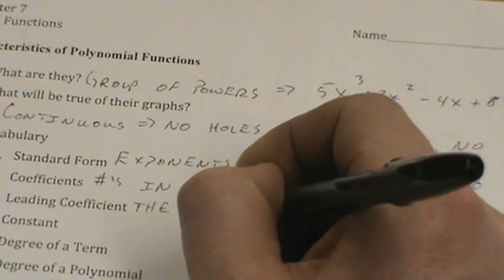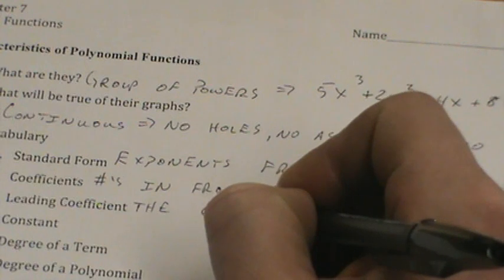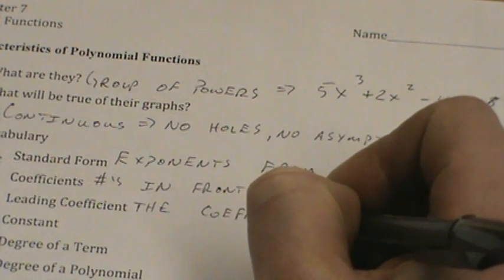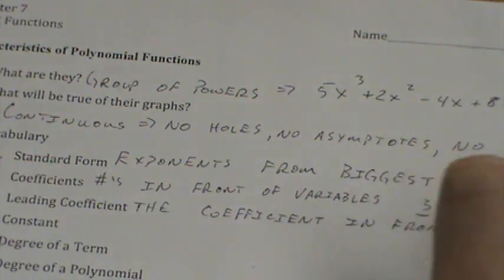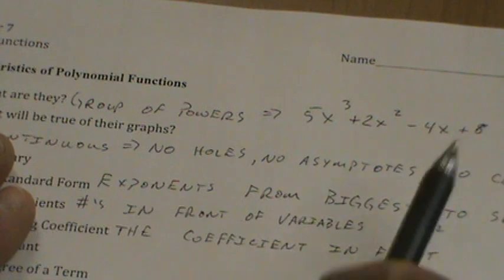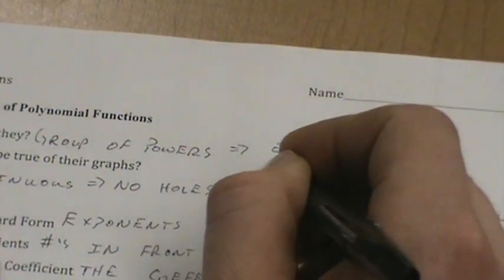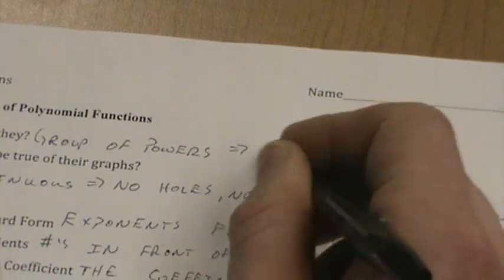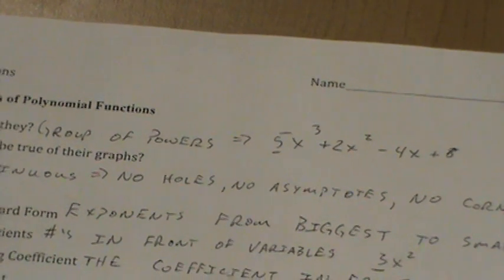I'm going to spell this wrong, 2 F's. Basically, if you put it in standard form, then you'll have your biggest exponent out front, and the coefficient that comes in front of the variable with the biggest exponent is going to be the lead one. So the key here is that first you need to put it in standard form.